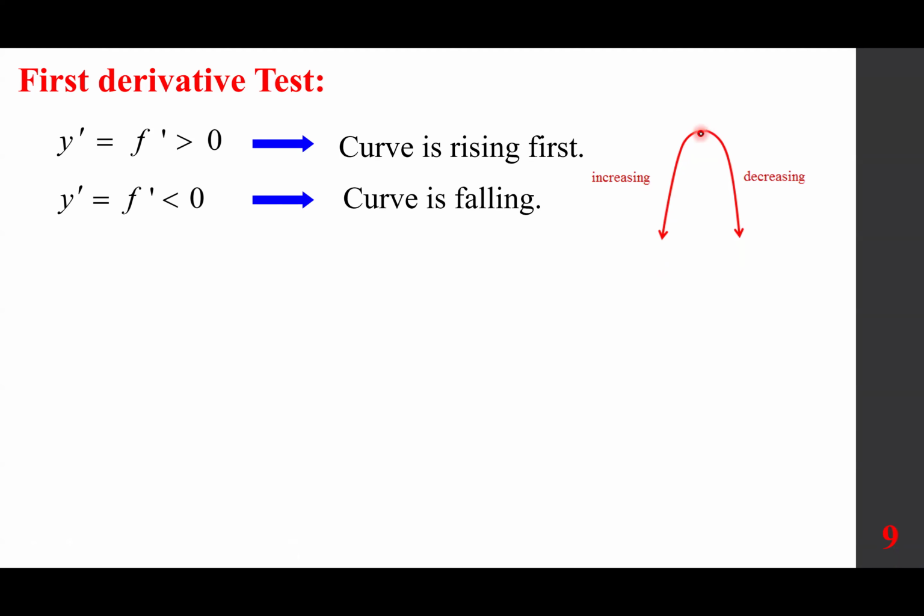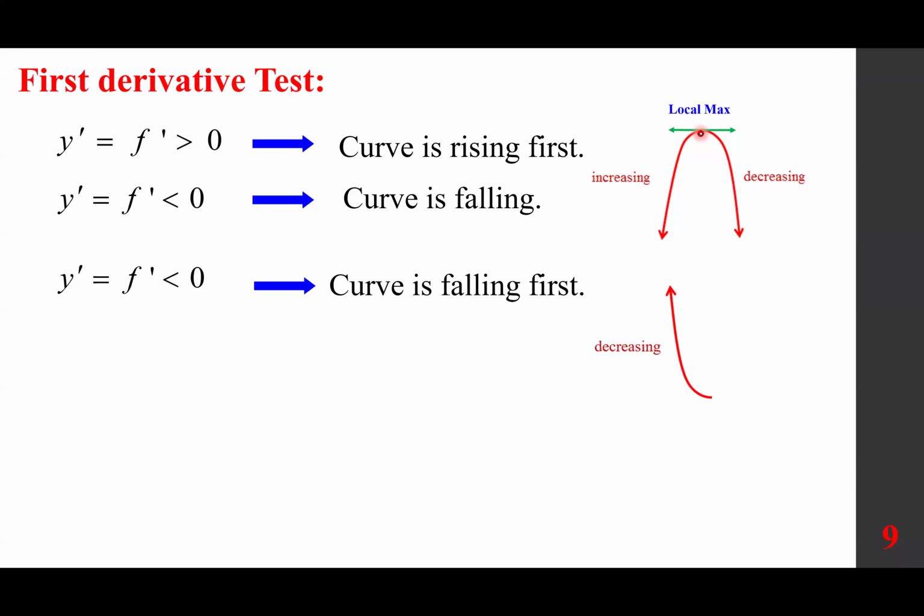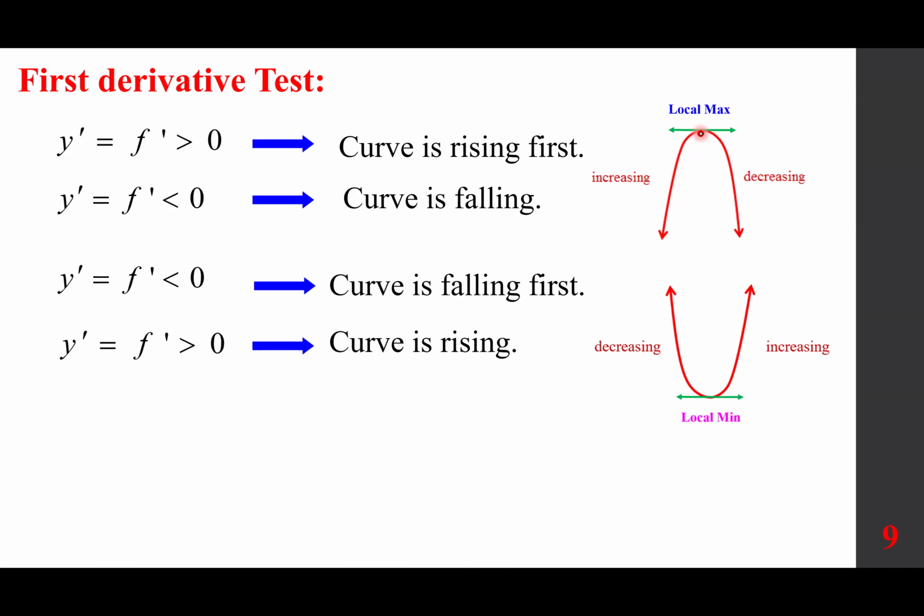And we said that's a local max. But if it's the other way around, that means f prime is negative first, the curve is falling, decreasing, and then positive second, the curve is rising, that means increasing. Again, it creates a local extremum, but this time it's a local minimum.